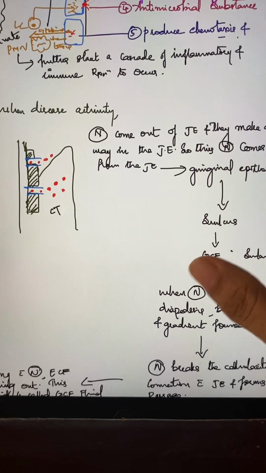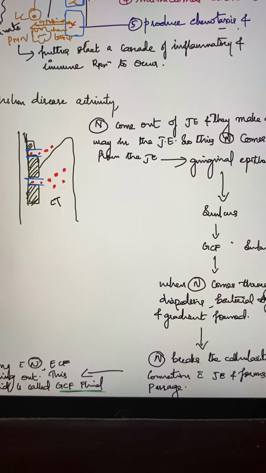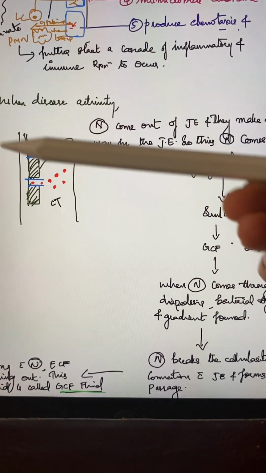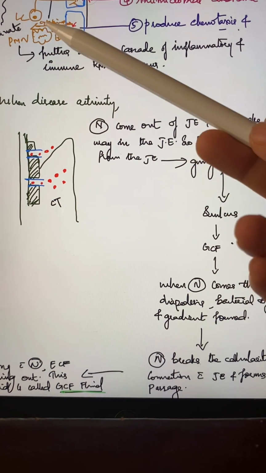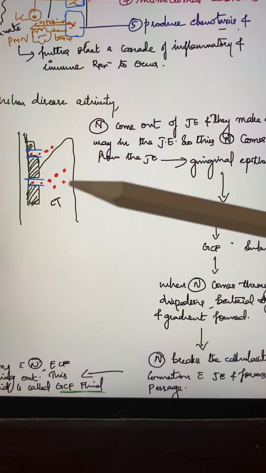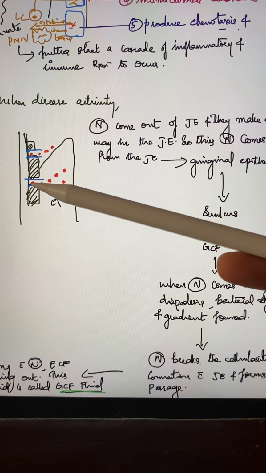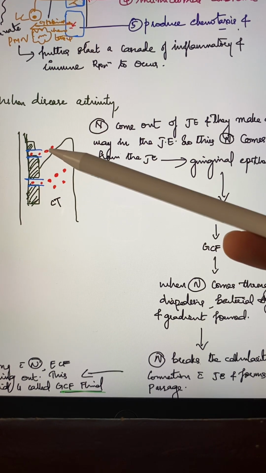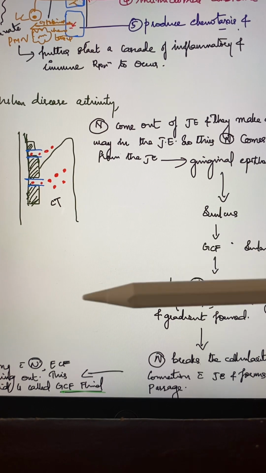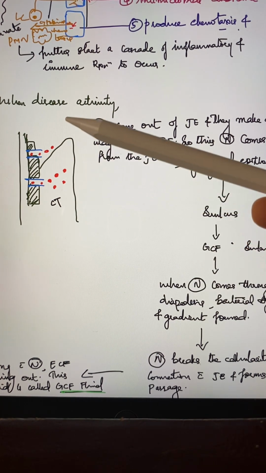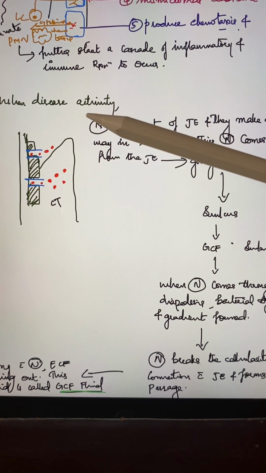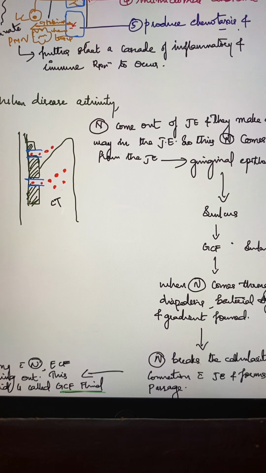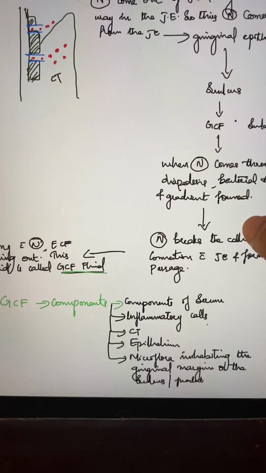When there is any disease activity, as I told you, neutrophils or PMNs come out of the junctional epithelium and make a way through it. The neutrophils come from the junctional epithelium, reach the gingival epithelium, and from there reach the sulcus, where we can see the gingival crevicular fluid.